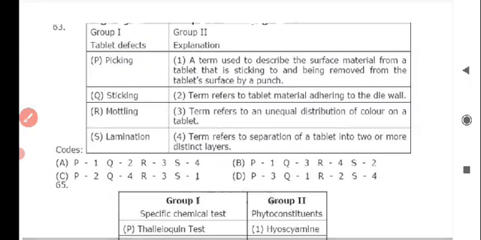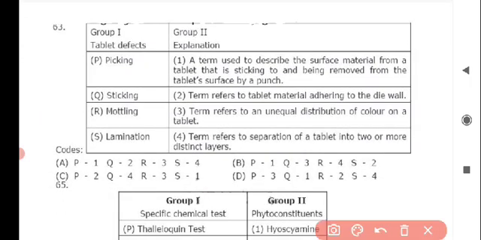So next question is, in this the first column contains tablet defects while the second column contains explanation. So for the first option, that is picking, it correctly matches with option 1, that is a term used to describe the surface material from a tablet that is sticking to and being removed from the tablet's surface via punch.